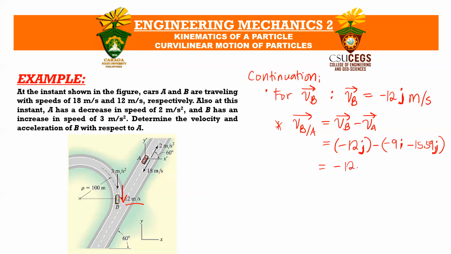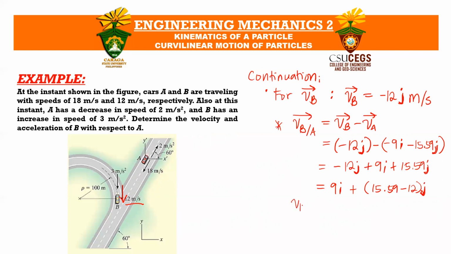So that will become negative 12j plus 9i plus 15.59j. So you just combine the like terms. We combine the negative 12 and 15.59 because they have the same unit vector, which is the j. And therefore, that would be 9i plus 15.59 minus 12j.